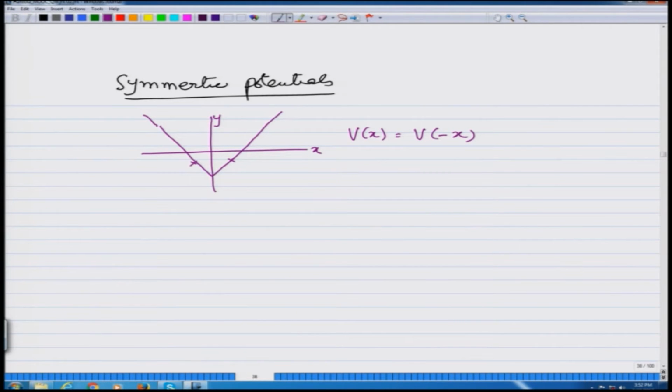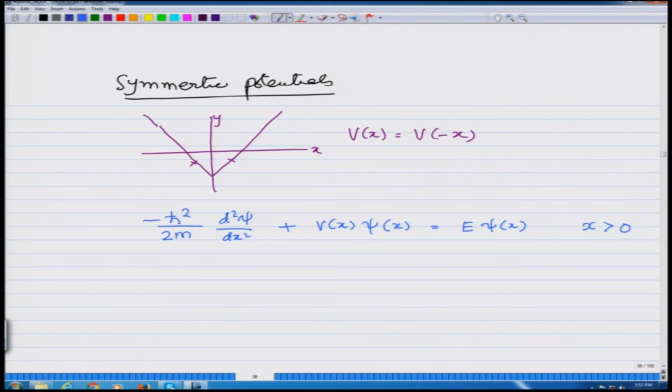And why I am focusing on these right now is that they provide a special advantage while solving the Schrodinger equation. Let me look at the Schrodinger equation for such potentials. So, the Schrodinger equation is this plus V x psi x equals E psi x, and let me write this only for x greater than 0.